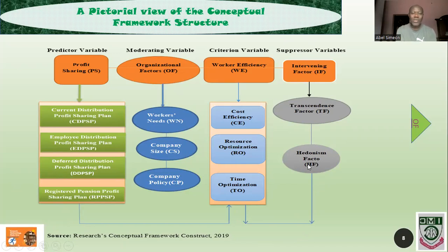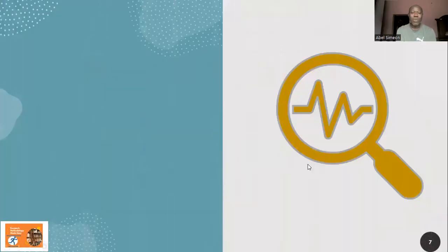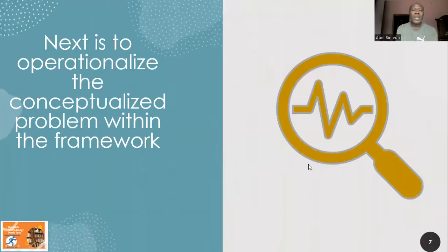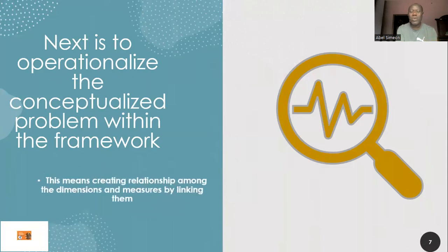So after conceptualizing your work, you now operationalize your conceptualized problem within the framework. Operationalization of your conceptual problem means that you create a relationship among the dimensions and measures by linking them up.